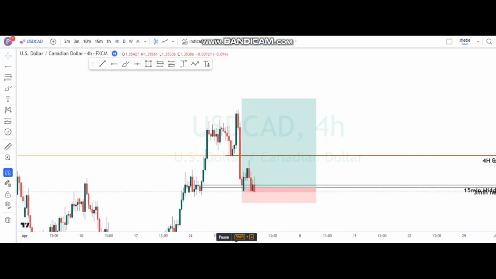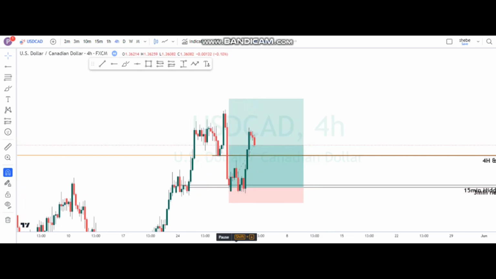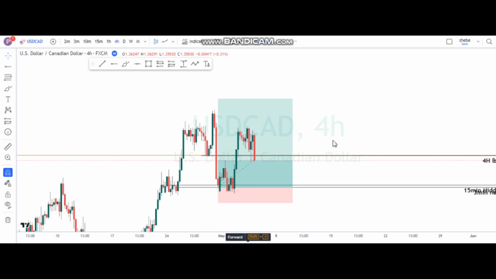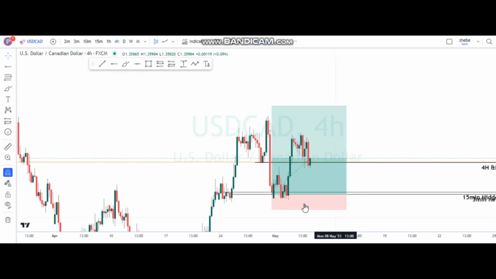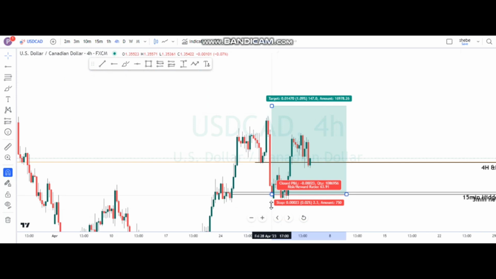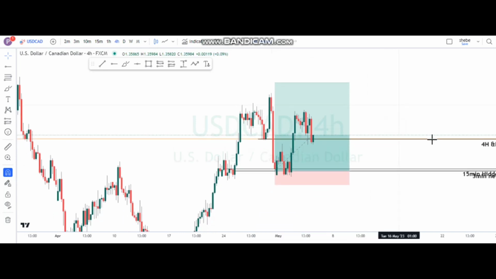Now, like you see, the price came and did exactly the same thing by just triggering our point, leaving only almost 10 pips. Yeah, 10 pips, but our plan was to risk only 20 pips.